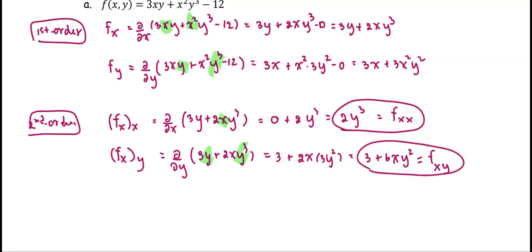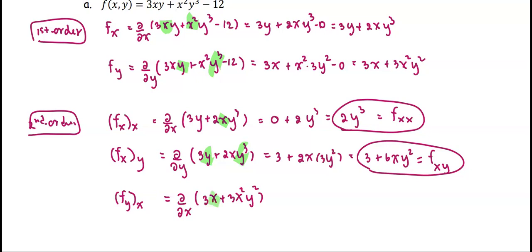The next two is from the partial derivative with respect to y, and then we do the partial with respect to x on top of it. From what we got, f subscript y, or the partial derivative with respect to y, is 3x plus 3x squared times y to the second.